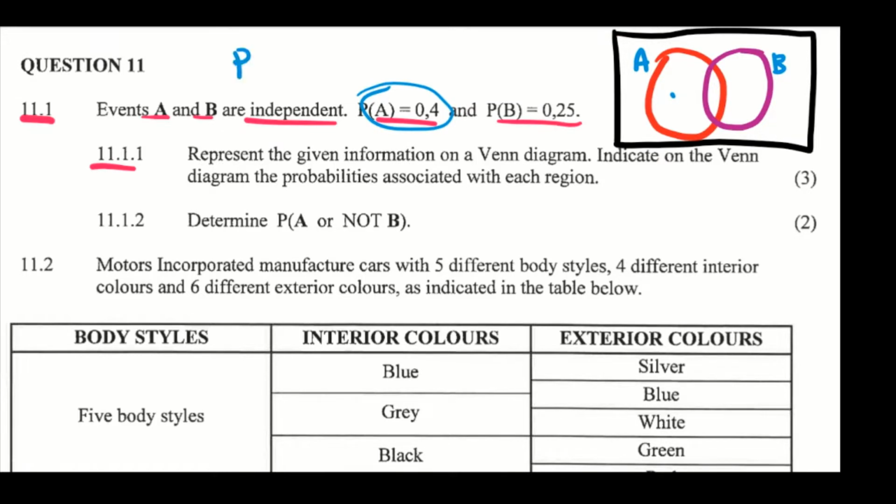Because finding the probability of A and B is equal to 0.4 times 0.25. The intersection is equal to 0.1. So here in the middle, I just don't have space. Let me just write here.